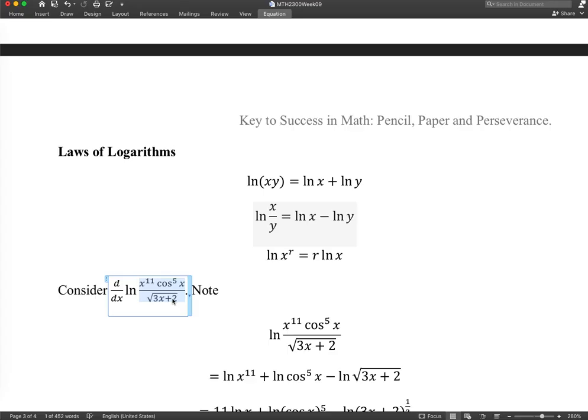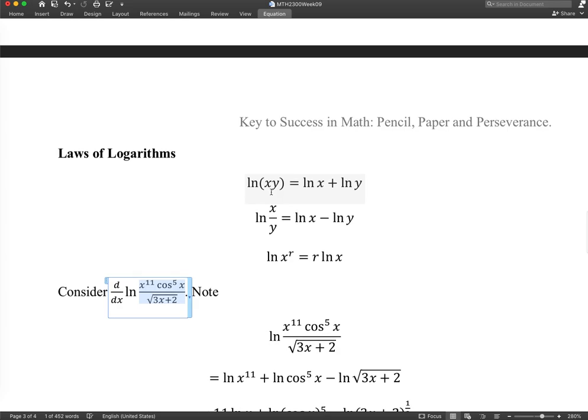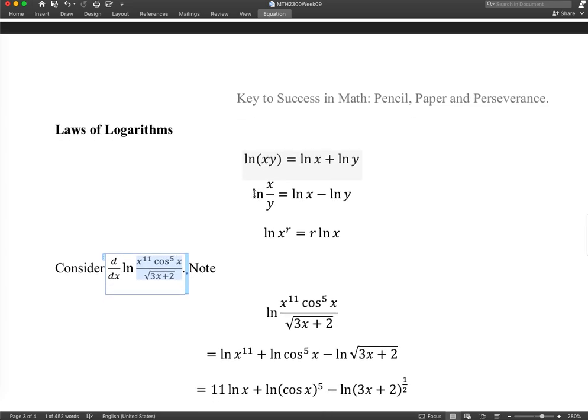But anyway, if it doesn't make sense, what I said a moment ago, using the laws of logarithms, we can convert a product into a sum, a quotient into a difference. What I did here is look at the derivative of this entire logarithm. I did not calculate the derivative yet in the beginning.